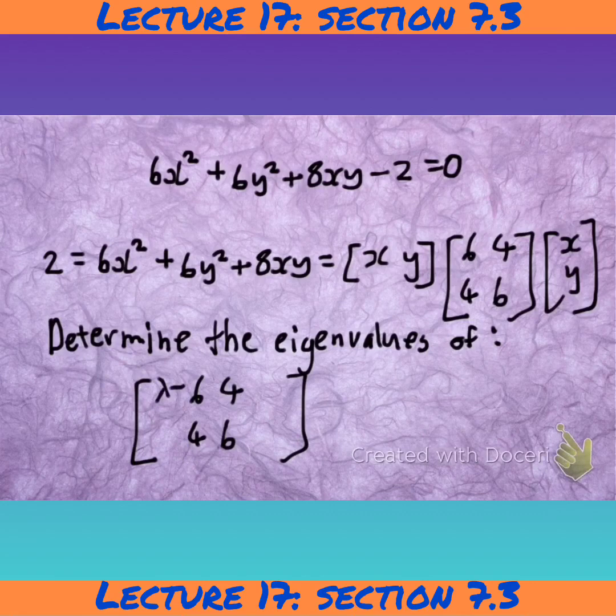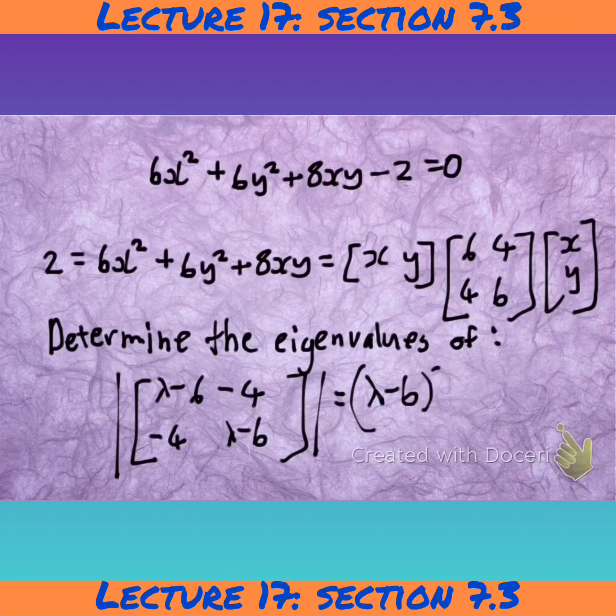So that's going to be lambda minus, and that is going to be minus. Okay, and we're going to look at the determinant of that matrix, which is basically going to be lambda minus 6 squared minus 16.